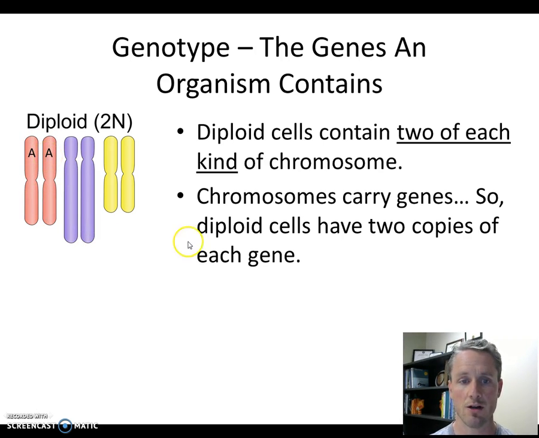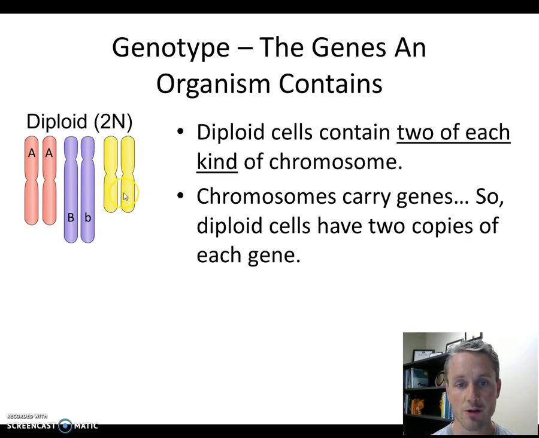The second chromosome will also have some genes. Maybe gene B is one of the genes on this second chromosome. I put two letters here to represent where gene B is on that chromosome. But you'll notice now the letters are different. There's an uppercase and a lowercase. Again, we'll consider that difference on the next slide.